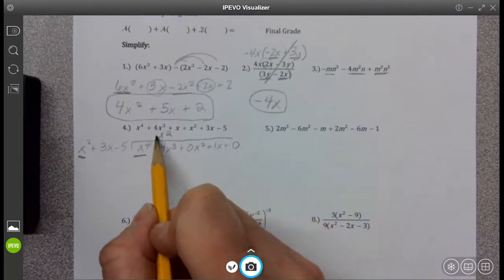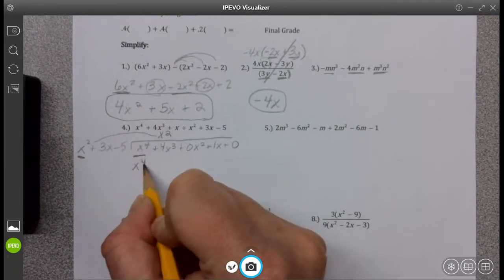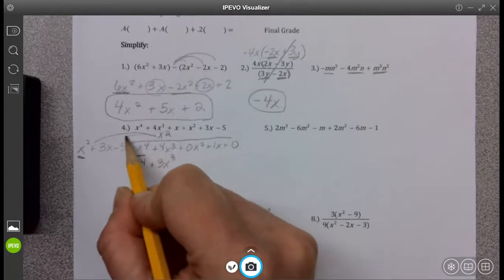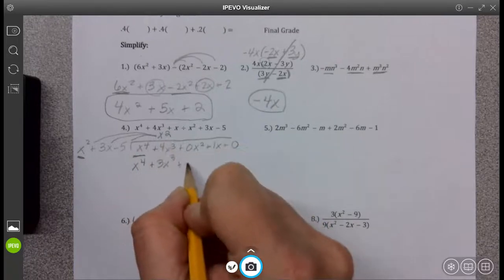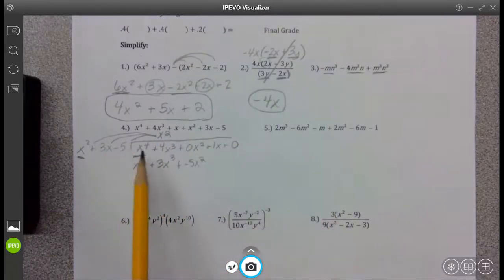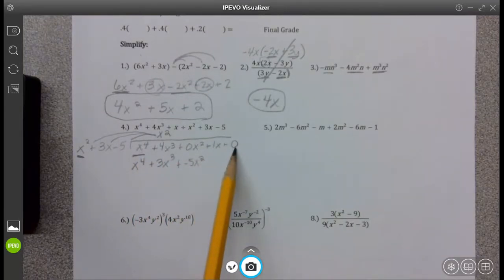When you go back and distribute, you'll get x to the 4th plus 3x to the 3rd plus negative 5x squared. So realize if there's not a placeholder, you need to create one in descending order.